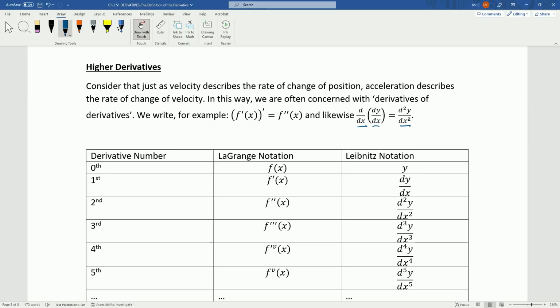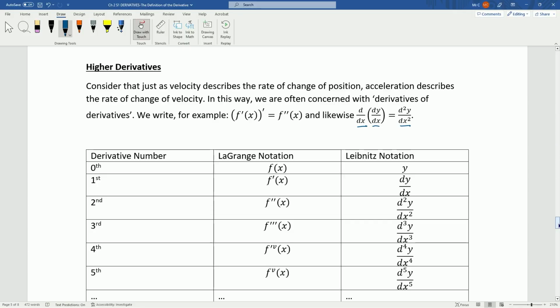The way we read this notation is actually kind of important. When you get into Calculus 3, you'll be dealing with multiple derivatives of multiple variables, and the order that you take those derivatives will matter. So we say it this way, the second derivative of y with respect to x twice, because it indicates that each time we take this derivative, we're doing it with respect to that same variable.